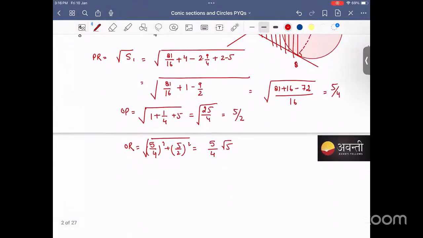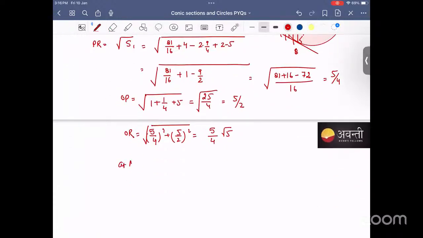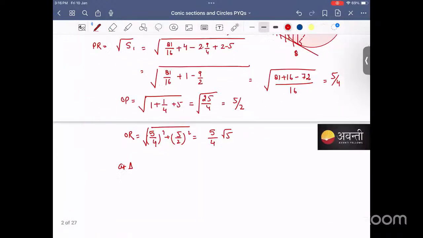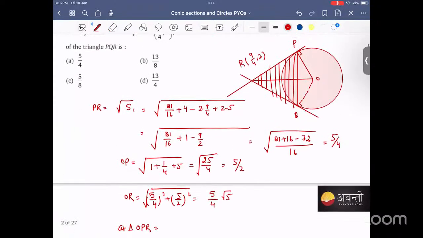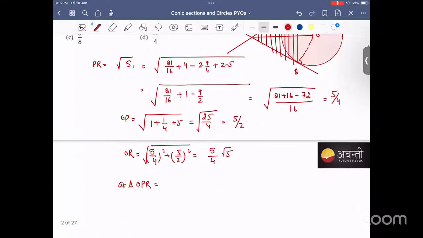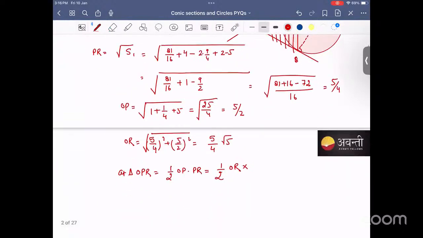Now see, the area of triangle OPR can be written in two ways. Half of base into height, that is half of OP into PR, that is also half of base OR into height, which will be PQ upon 2. This can also be the area of the triangle.